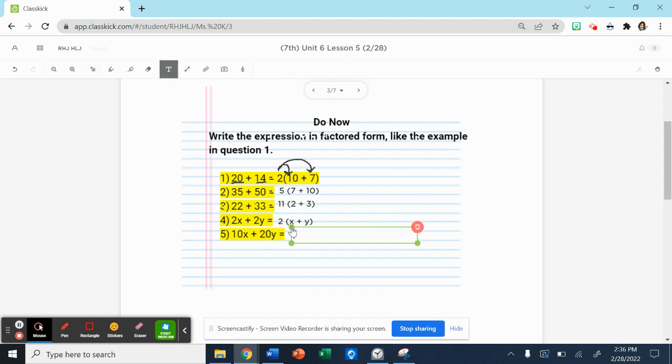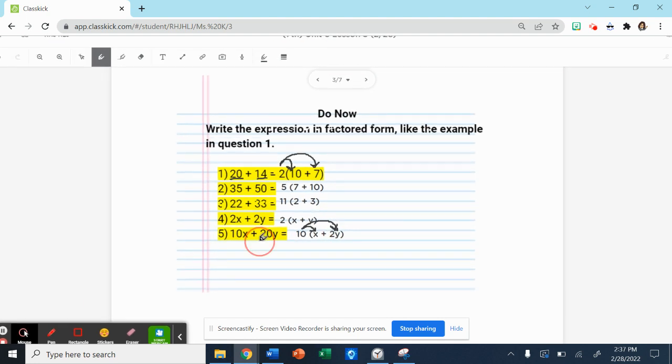Finally, in question 5, I know that the common factor between 10 and 20 is 10. And so I can multiply 10 times x plus 2y. The reason why I'm multiplying times 2y is because once I distribute my 10, I want to end up back at 20y. 10 times 2y is 20y, and that's again why I have 2y instead of having simply y.